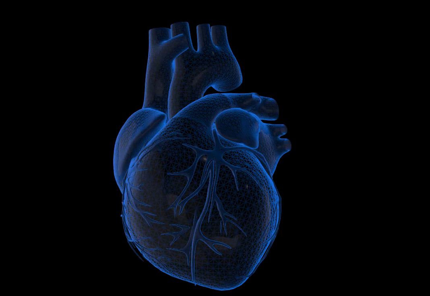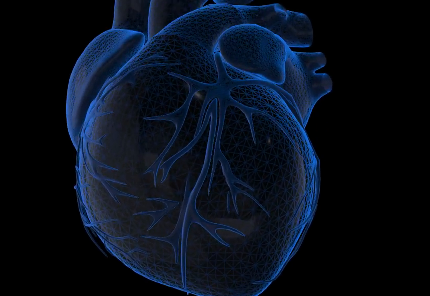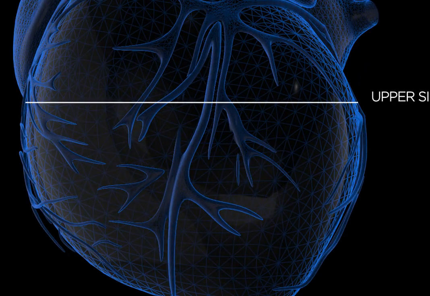What is the shape of the heart? Now if you look at the diagram, the heart is a conical organ. Do you see that on the upper side it is broad and on the lower side it is tapering? And this tapering is towards the left.